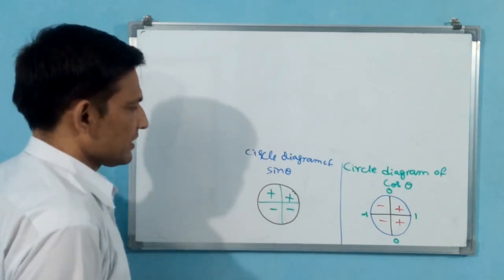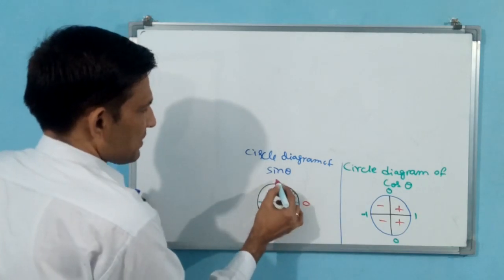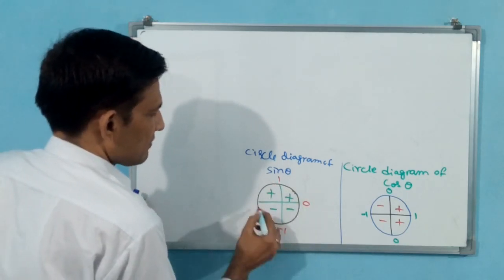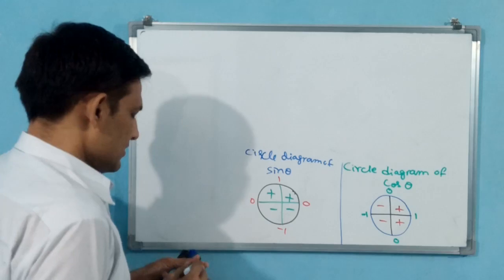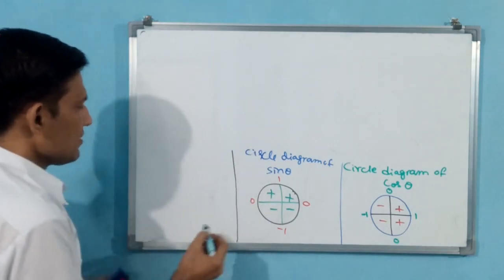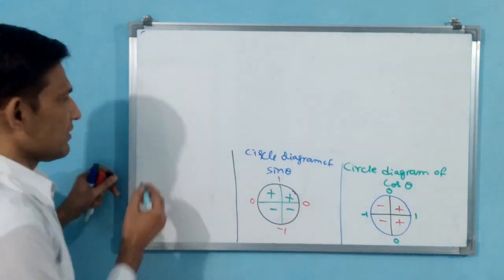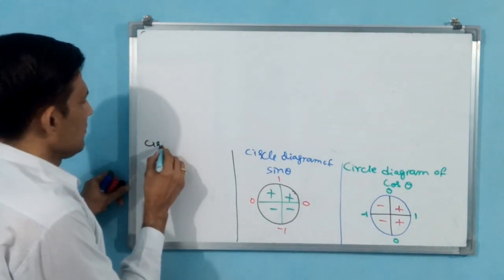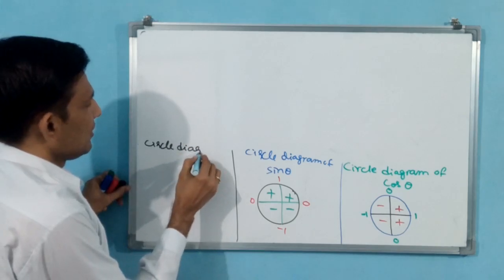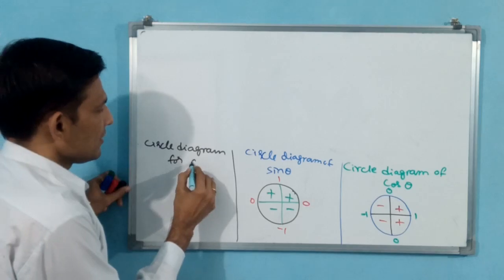Sin here 0, here plus plus plus 1, minus minus minus 1, 0. This is the circle diagram for sin theta. Now I am writing here the circle diagram for cot theta. You carefully observe.